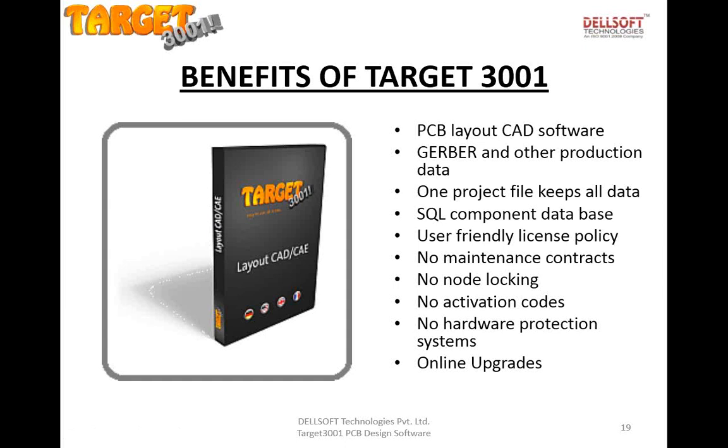The licensing policy is very easy, and the upgrades are very easy. Online upgrades are available. I've told you that components and software updates are online for 1 year. So these are the options available. I'll show you in the software.